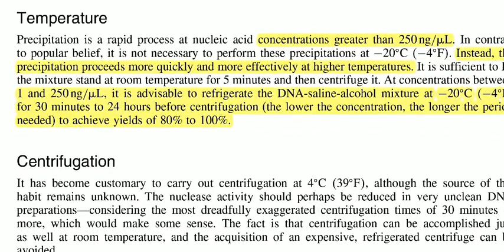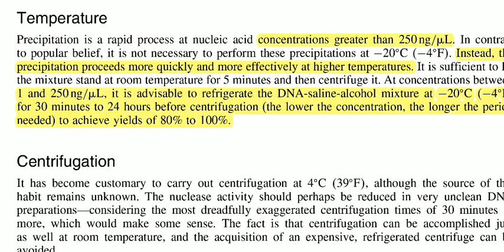But in the case where we don't have that much DNA, we should not use this alcohol salt precipitation method, because it will not give a visible amount of DNA.